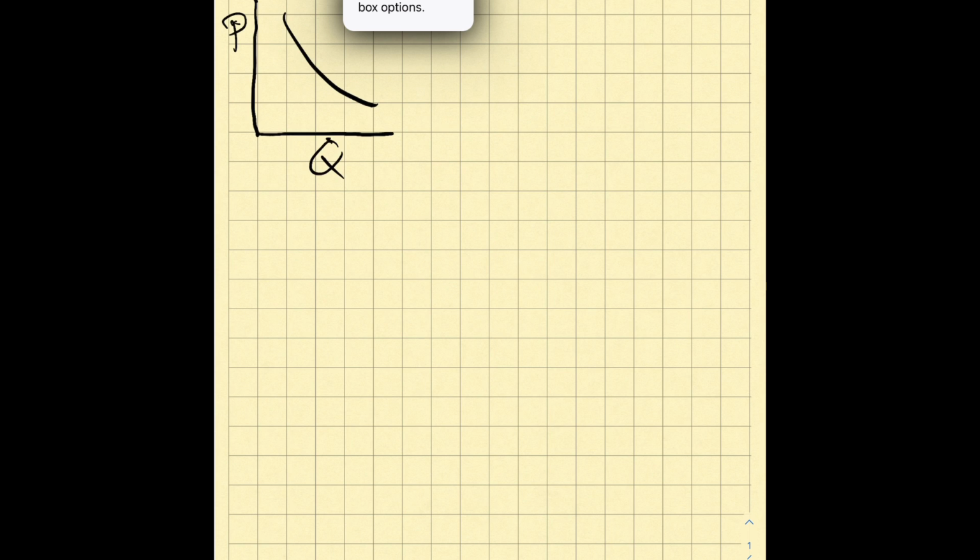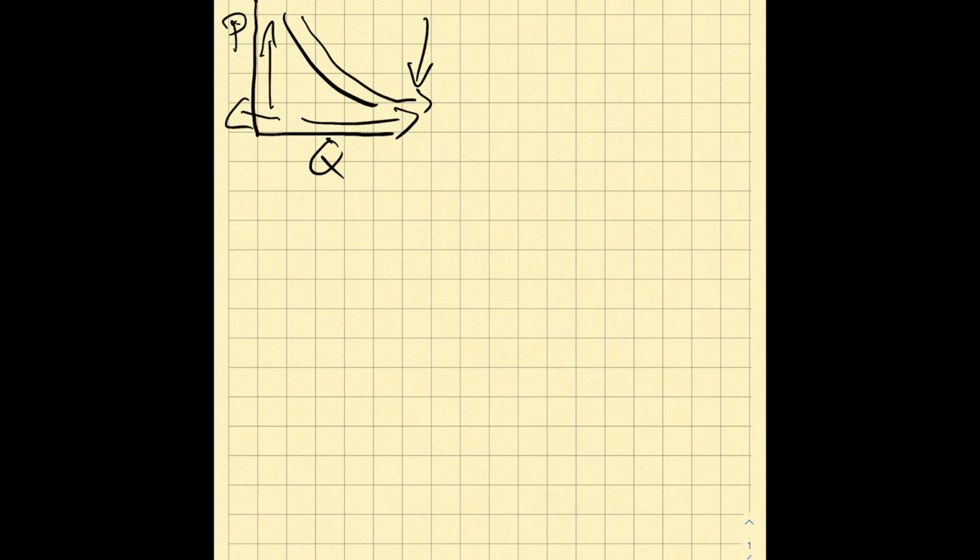So in general, as price increases, demand is going to diminish. As price increases, the quantity demanded goes down. As the price decreases, you can see as we go this way, quantity goes up.